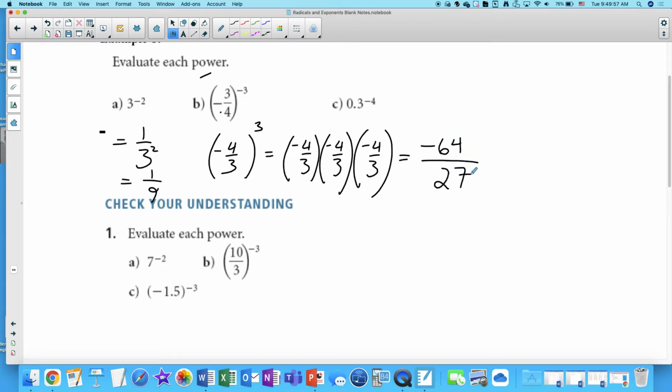Okay, what about this one, 0.3 to the negative 4? You could change it to a fraction and then flip it. So I've seen people do two things with this one. Some people do this: 1 over 0.3 to the 4. Okay, 0.3 to the 4 is, hold on, is it 0.